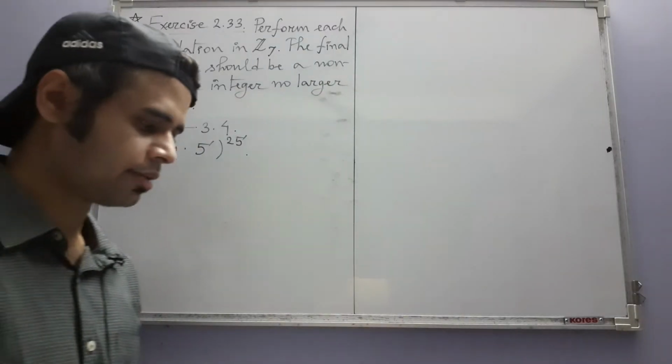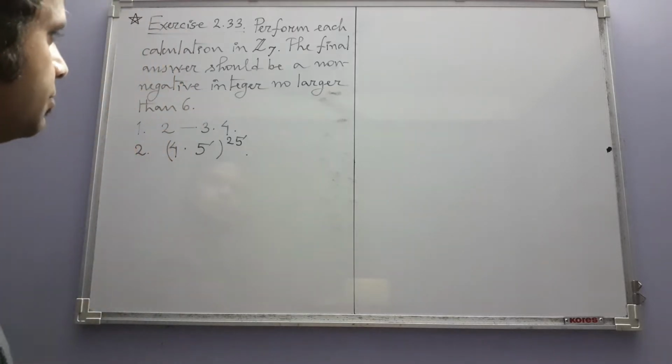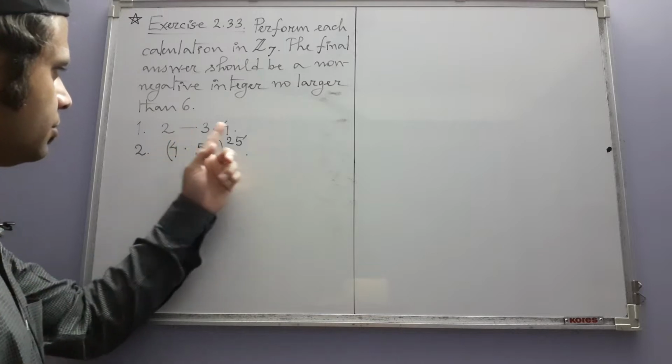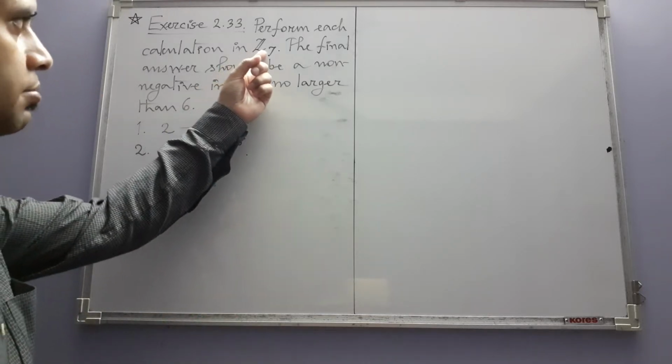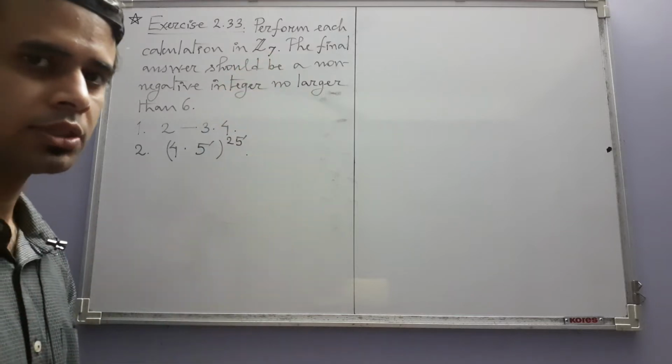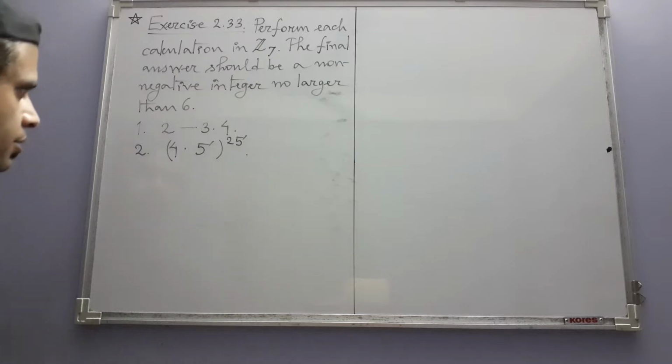We next have exercises on modular arithmetic. In this one, we have to perform these calculations in the set of all congruence classes modulo 7. The modulus is 7.